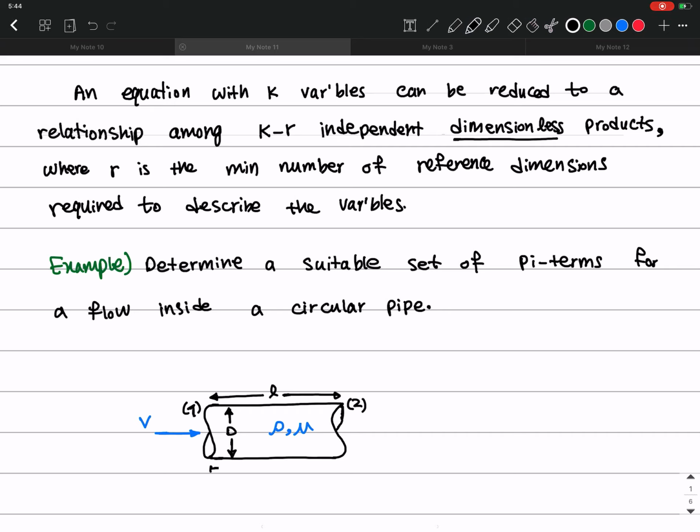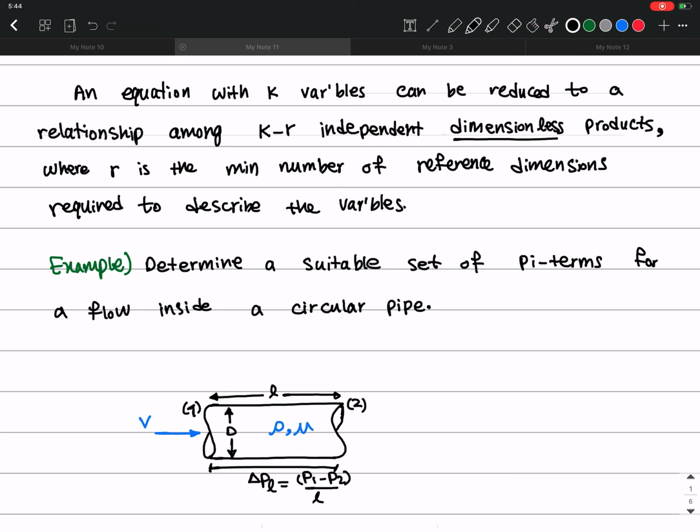And then we have this pressure difference here between these two sections, which I show as P1 minus P2, the pressure drop over length, okay?